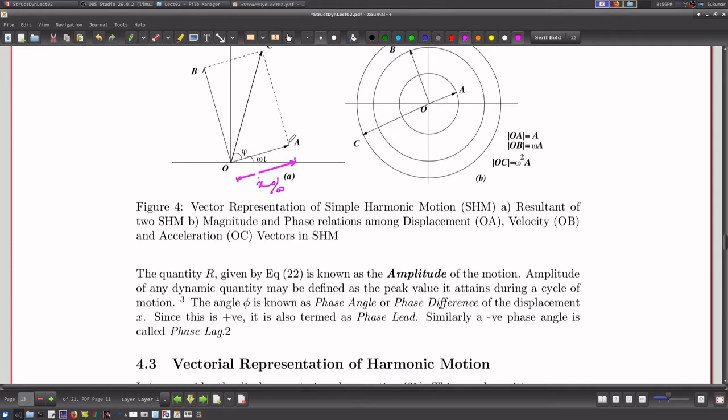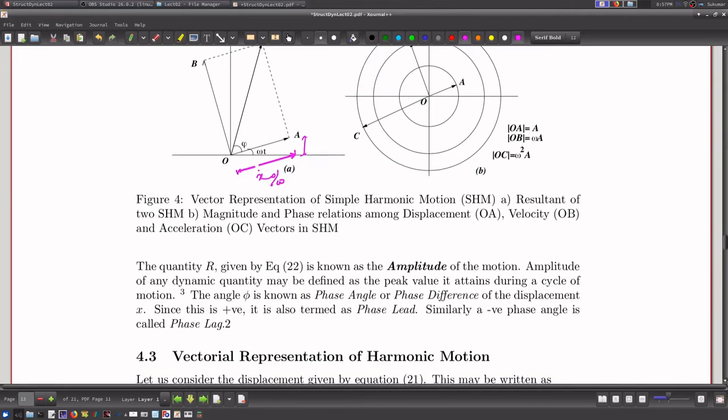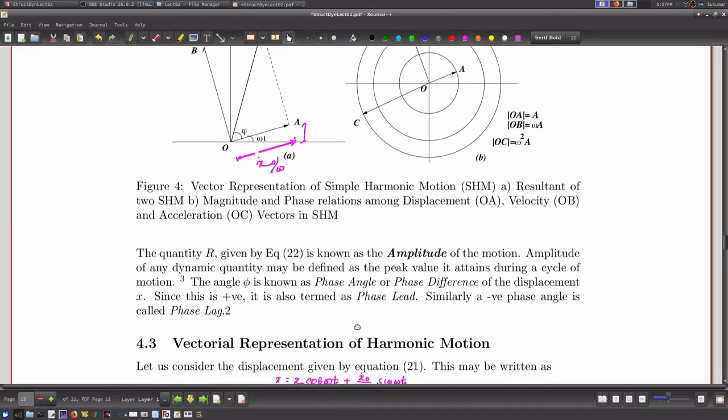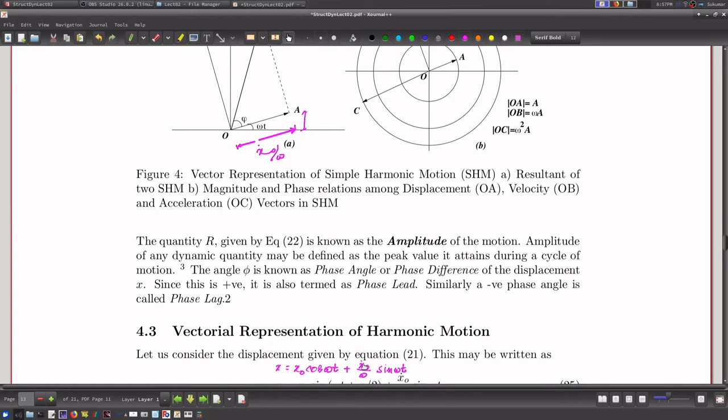So this vertical projection is giving me the second term of this equation. Second term of this equation, right?